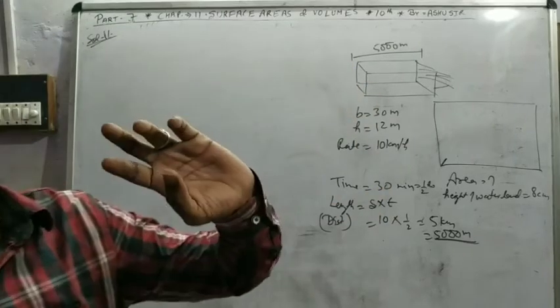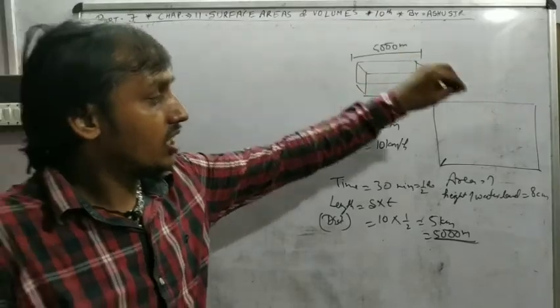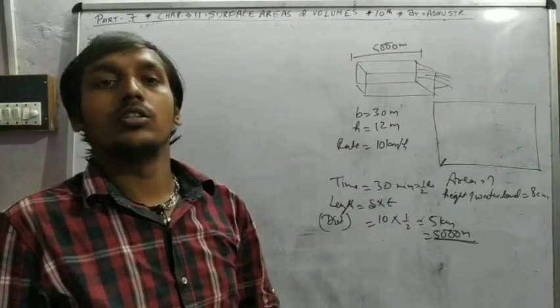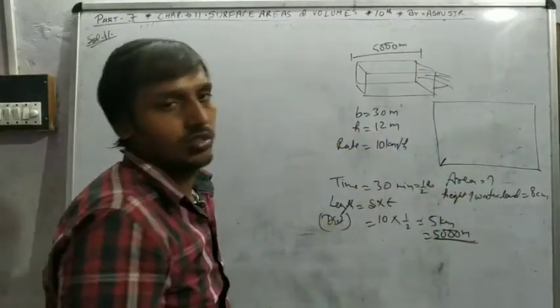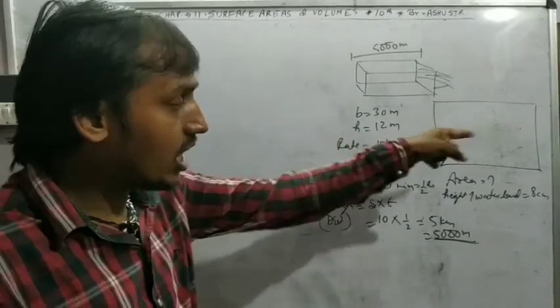Means in 30 minutes 5,000 meter of canal water is flowing, and here it dropped. So suppose that this is a tank, having water of 8 centimeter level height. So find the area.